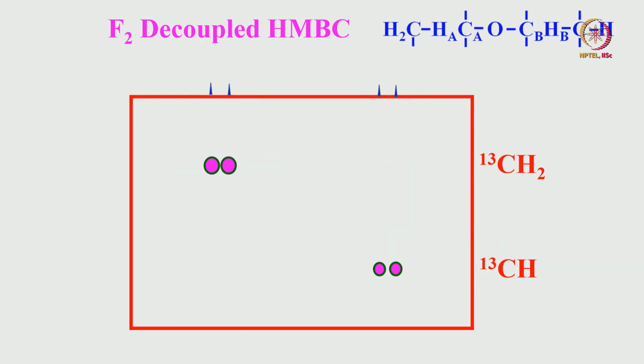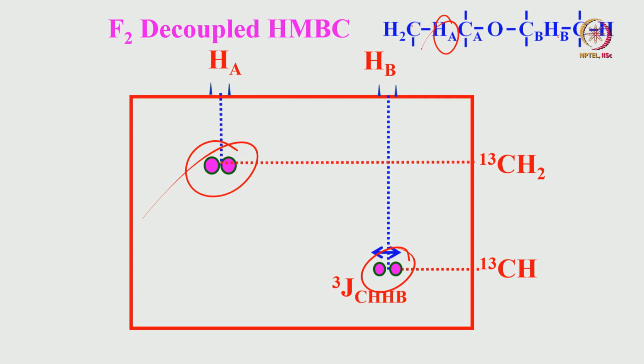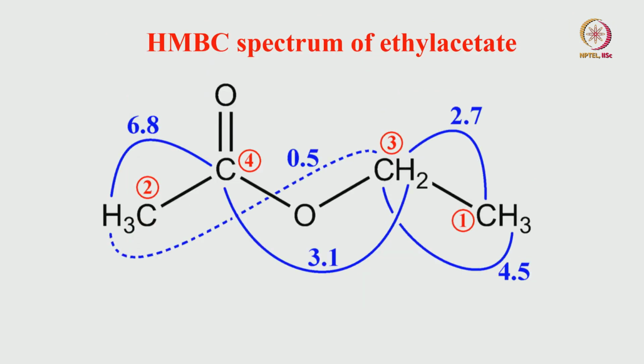Of course, if you do the decoupling, you remove the carbon-proton couplings, but you retain the proton-proton couplings. You are retaining the HH coupling here in both cases. This carbon is a doublet, and this carbon is a doublet because of this. So HH couplings are retained.